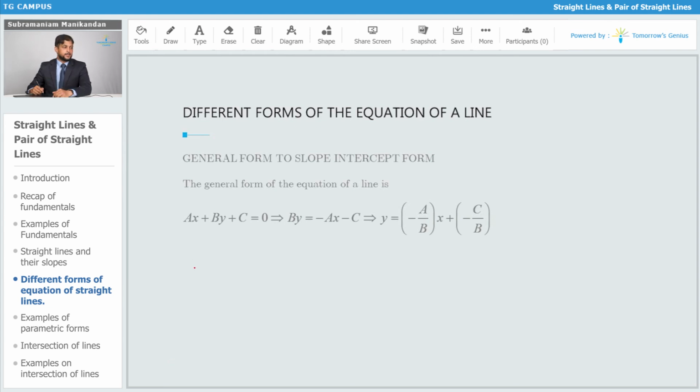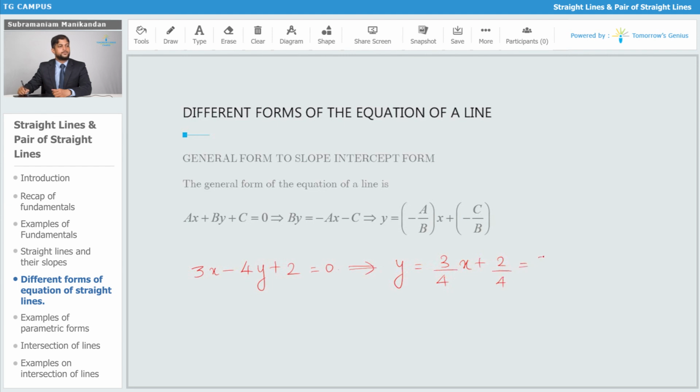For example, if we have the equation of a line given by 3x - 4y + 2 = 0, this equation by itself does not give us any idea about the slope of the line or the y-intercept. However, by rearrangement, I can write this equation as y = (3/4)x + 2/4.